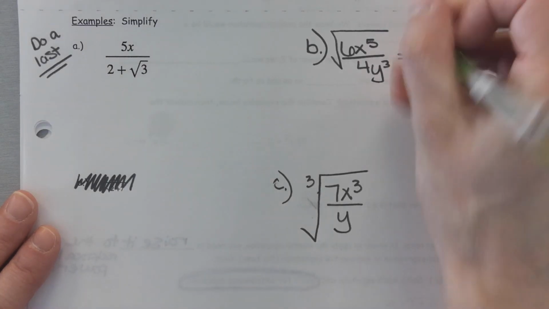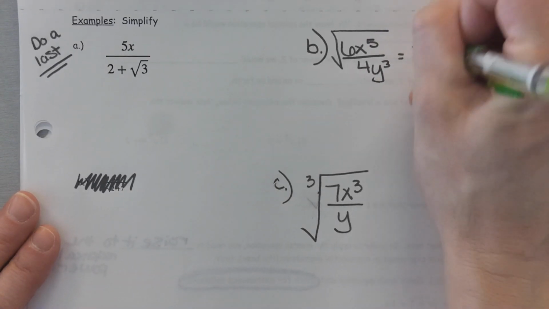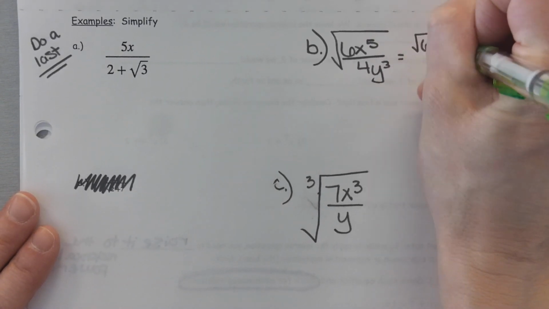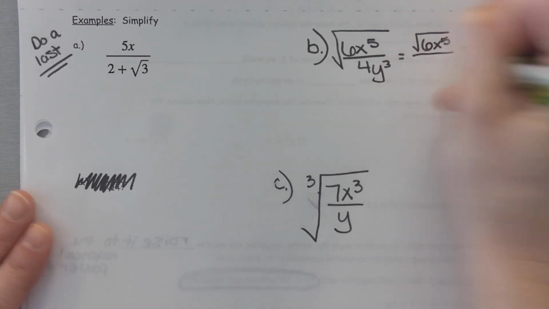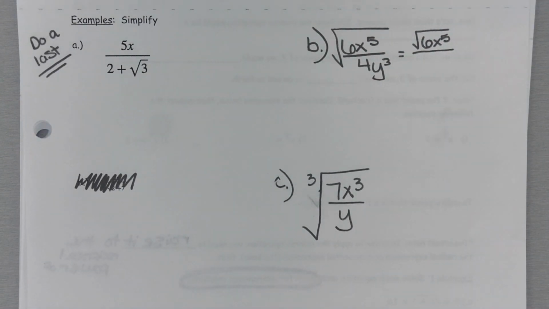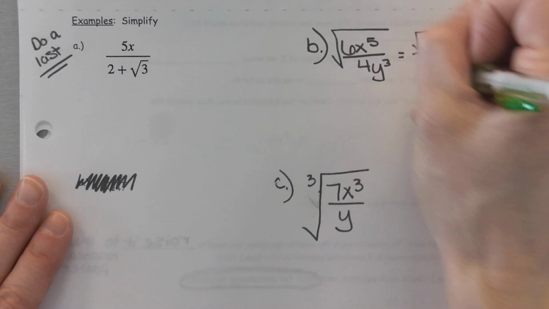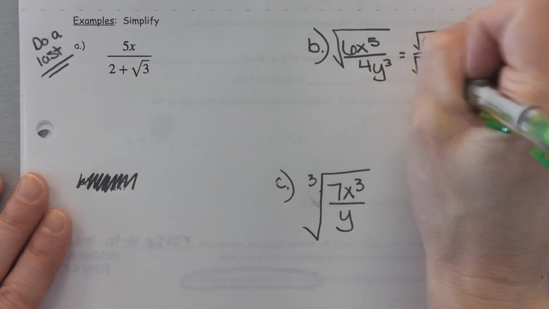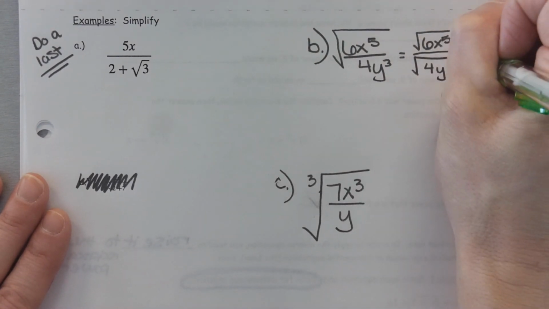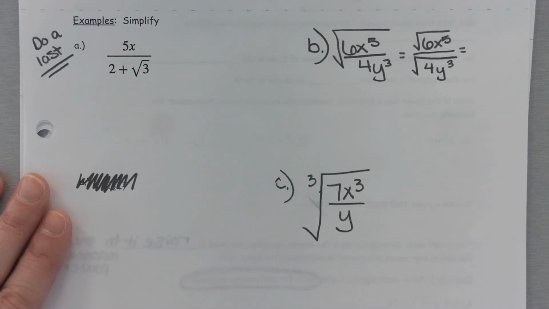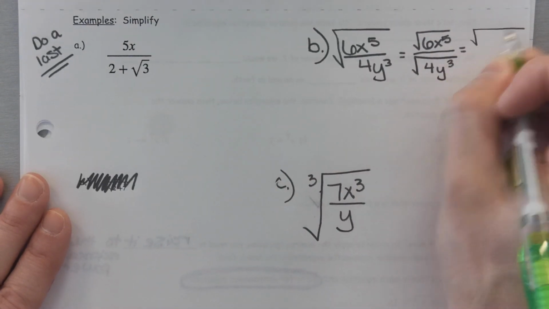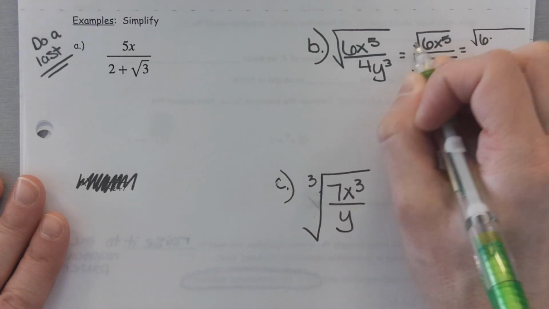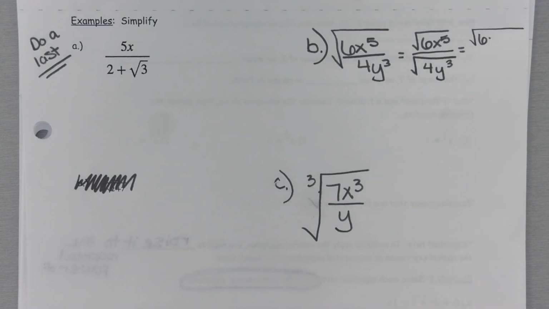All right. I'm going to break this apart, and I'm going to take the square root of the top. Can I do much with that? Well, I can do something with the x's, right? And I'm going to take the square root of the bottom. So I'm going to think of them as two separate square roots. The root 6, nothing I can do. Is 5 nicely divisible by 2?